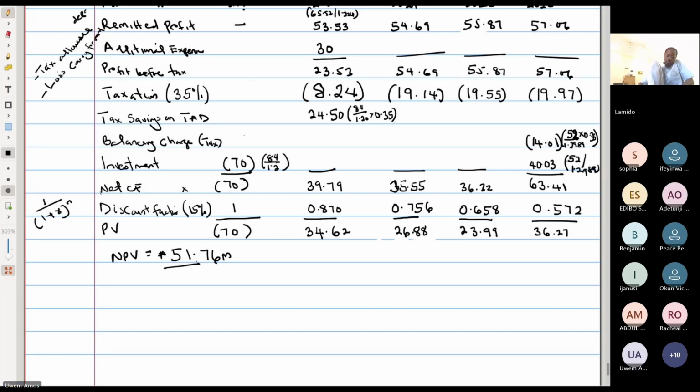I might have to rely on you guys. Something is wrong somewhere with my calculator. Okay, so 51.76. So that's our NPV for scenario A.